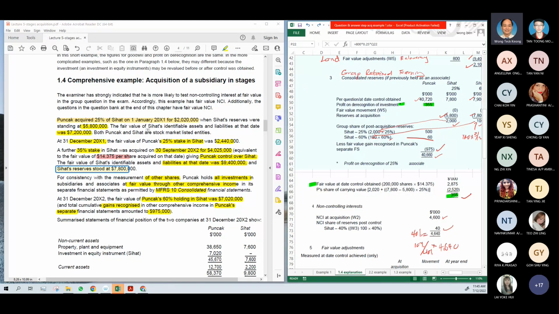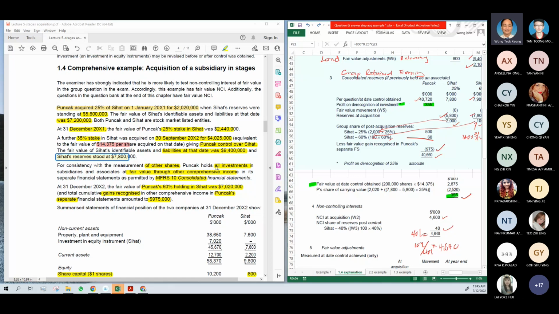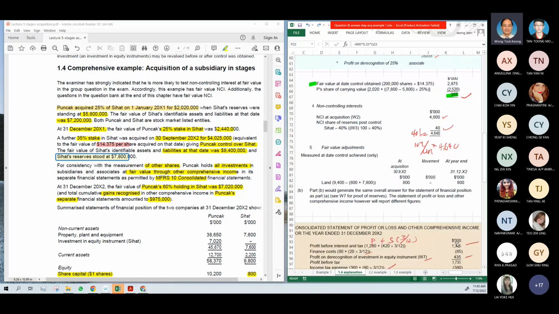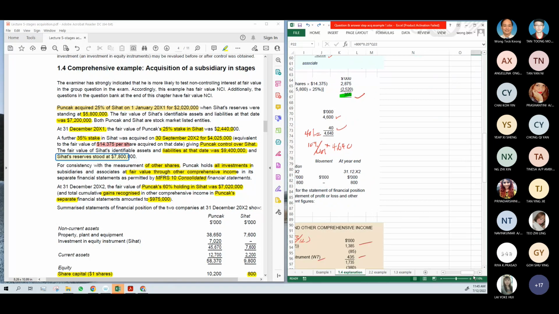Fair value asset at the date was 7,200. Then it subsequently increased, so the Sehat reserve stood at 7,800. The difference between 5.8 and 7.8 over the two periods is because of the increase in profit.